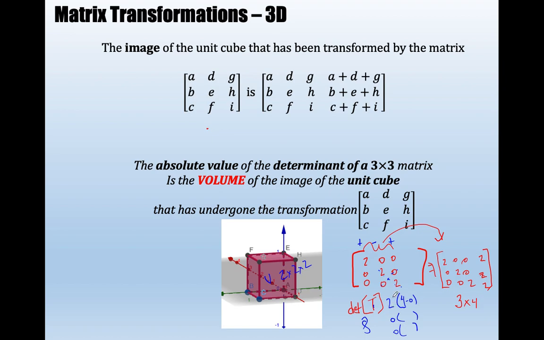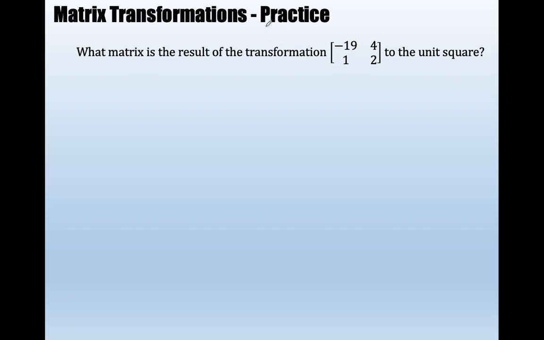So the last slide was just some practice. First back to 2 by 2. What matrix is the result of this transformation? If this was my transformation matrix and I'm operating on the unit square, the unit square in 2 by 2 looks like this, and my transformation matrix looks like this.